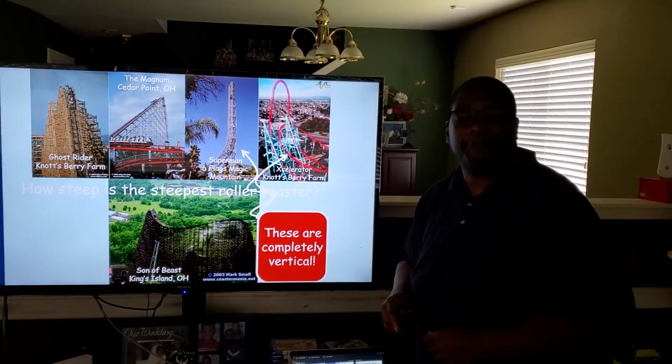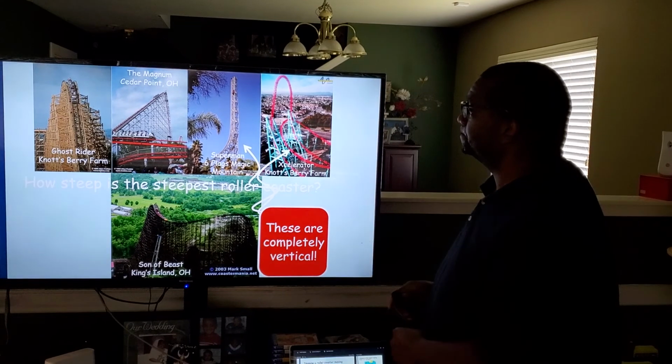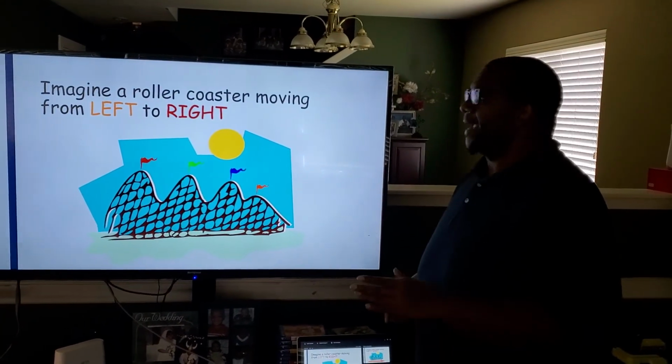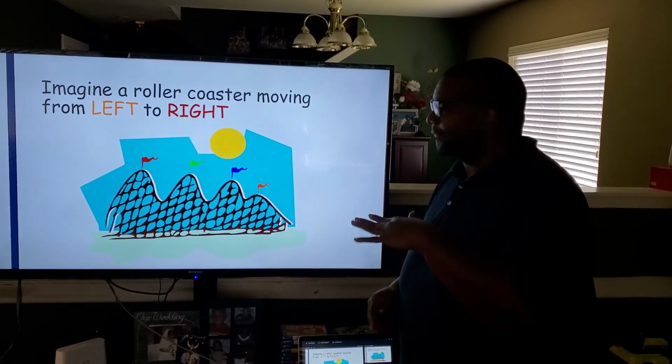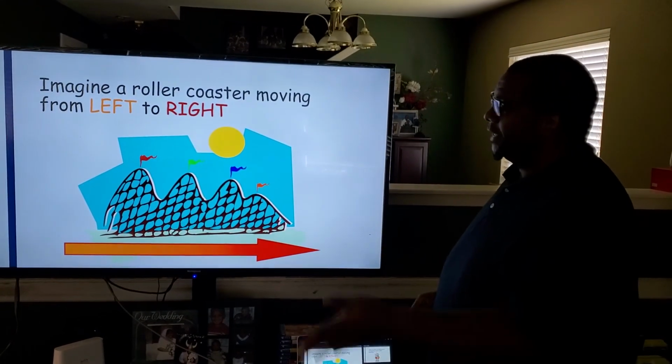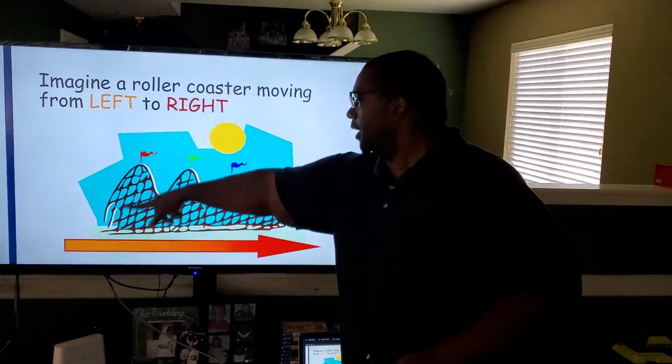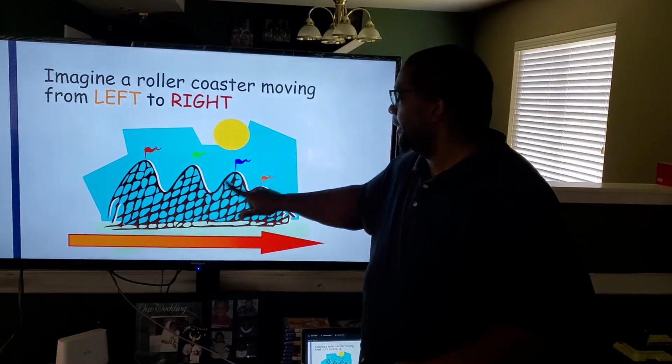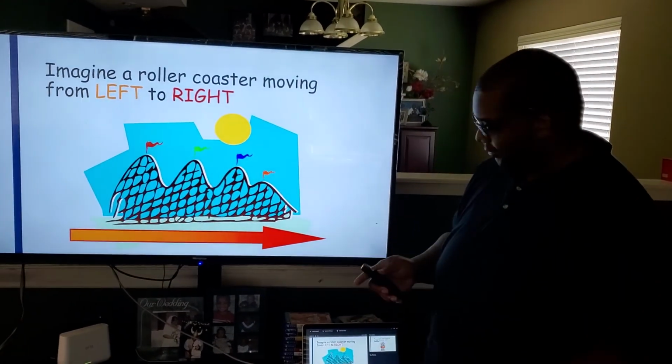We're going to talk about the different types of slopes. Imagine a roller coaster going from left to right. So you see the slopes going up and down, up and down. Those are the fun roller coasters.